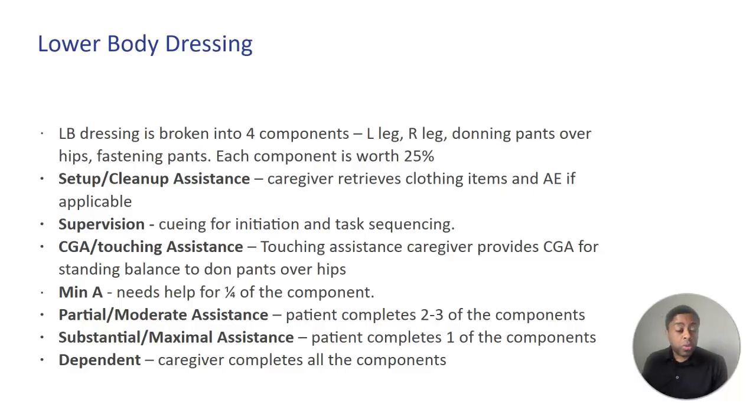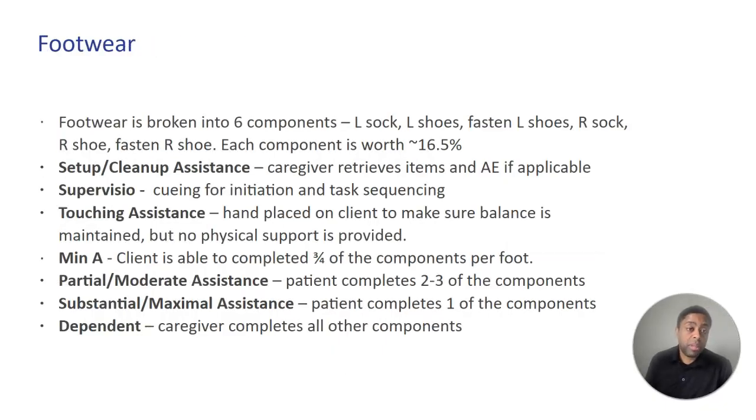Now, I'm not going to go into lower body dressing specifically because it has the same kind of process, right? There's the left leg, right leg, donning pants over the hips, and then fastening the pants or making them tight. And so there's a 25% component there, right? And so the same rule for upper body dressing applies.